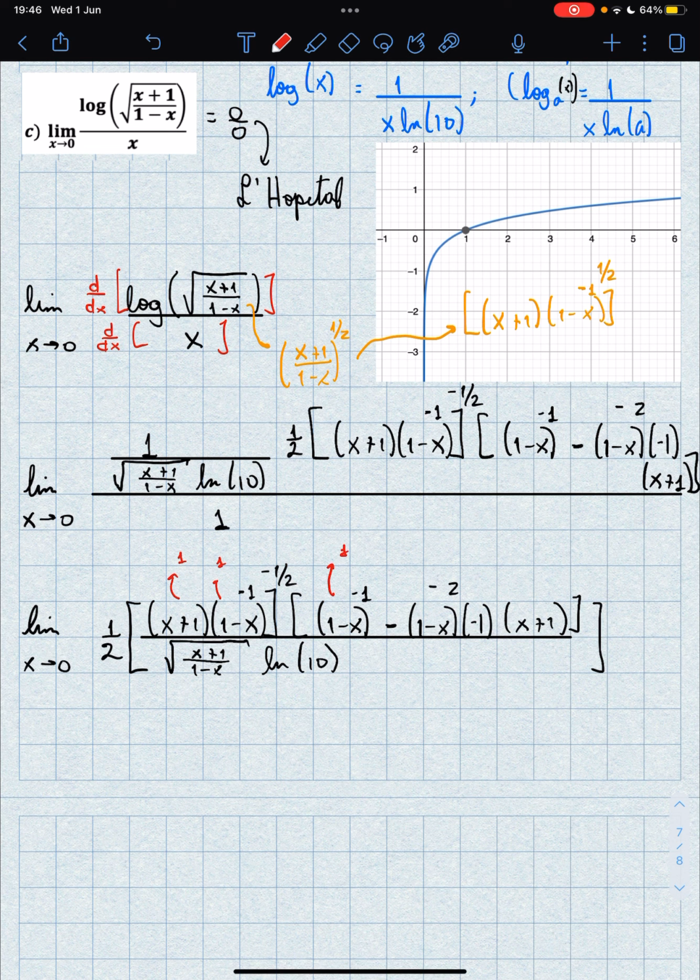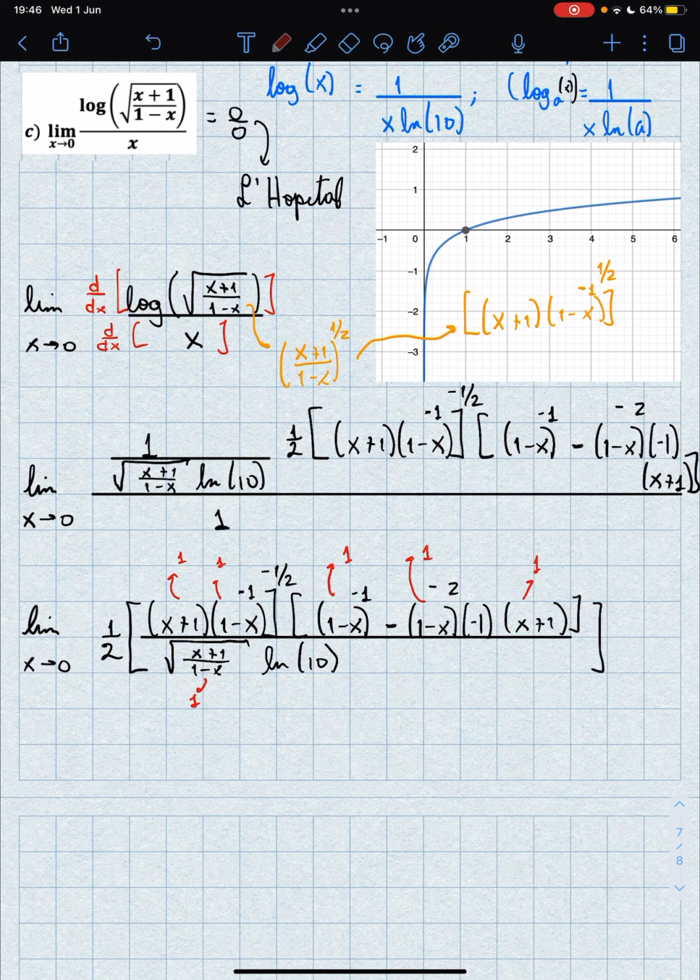This is 1 at the end. This is 1. Here I have 1, right? But over 2. At the end, it's the same. This is 1. And this minus and this minus is 1. So at the end, this is 1. And here I'm going to have 1. This is 1, right?